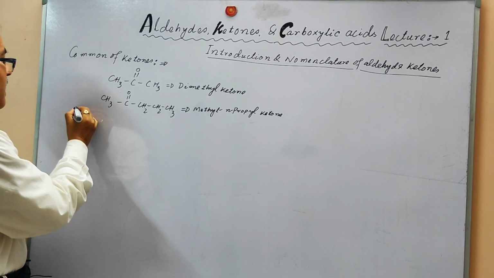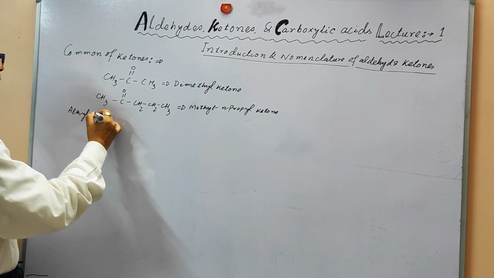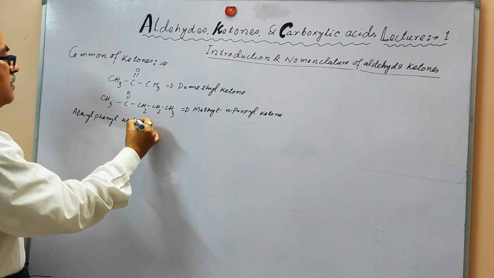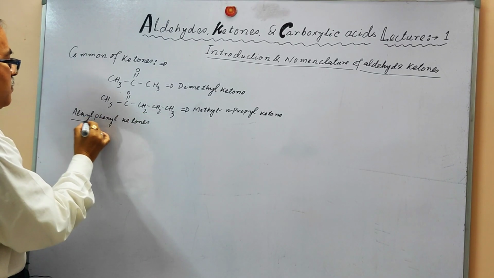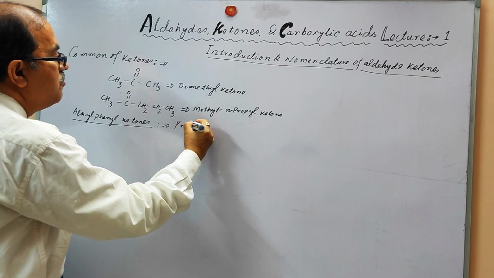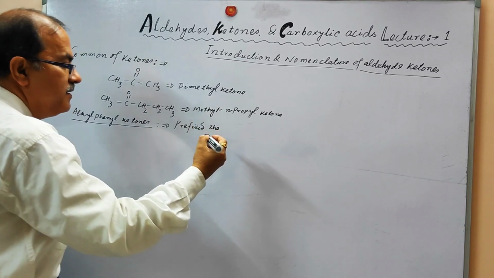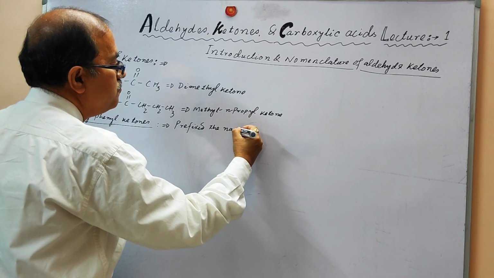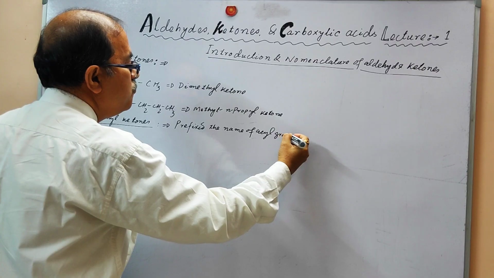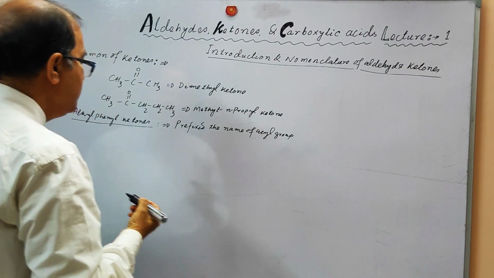Now for the alkyl phenyl ketone, what will be the common name? That we will now discuss. For this we have to prefix the name of the acyl group to the word phenone.